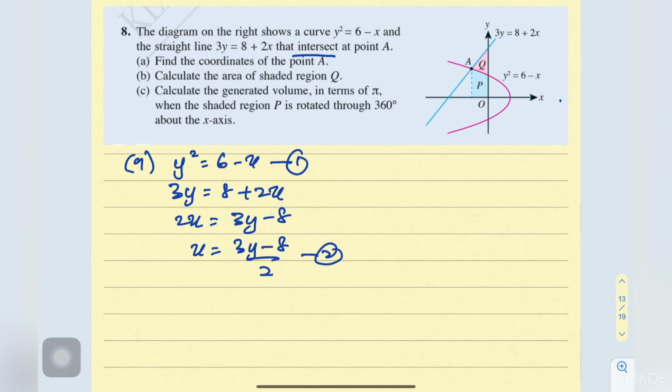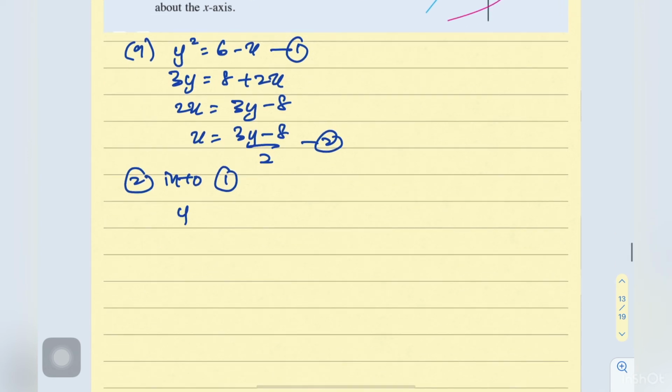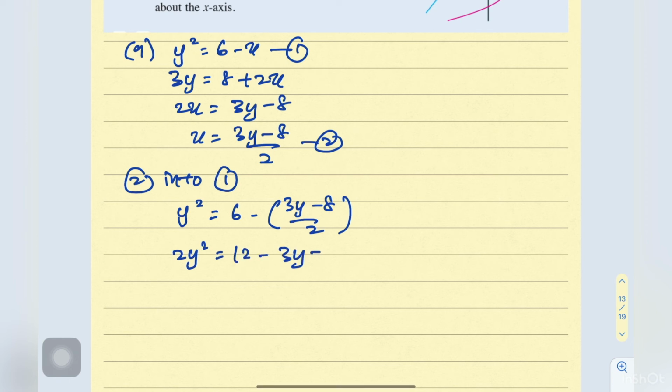This is the second equation. Substitute 2 into 1: y squared equals 6 minus (3y minus 8) over 2. All times 2, 2y squared equals 12 minus 3y plus 8. So 2y squared plus 3y minus 20 equals 0.